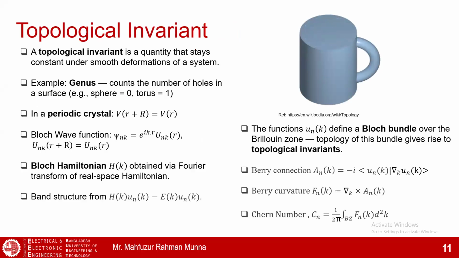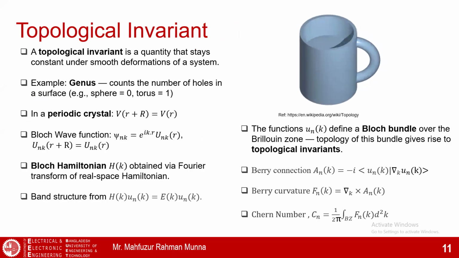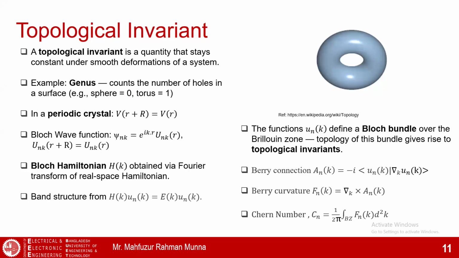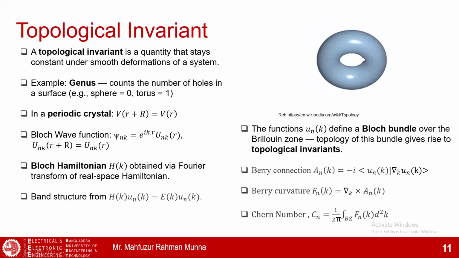So now I am going to talk about topological invariant, which is really important for understanding the physics. A topological invariant is a quantity that stays constant under smooth deformation of a system. Here we can see a mug which has one hole, and if we continuously deform this into a donut, that one hole still persists.